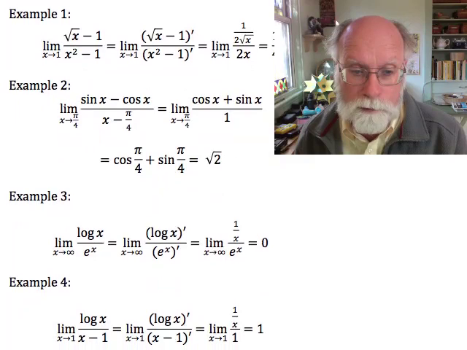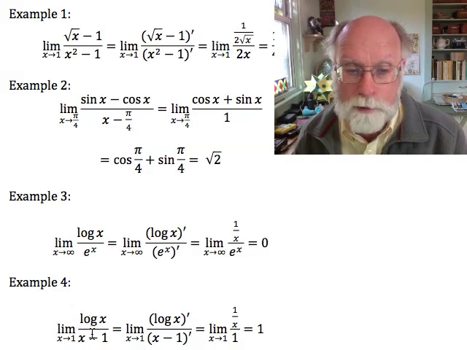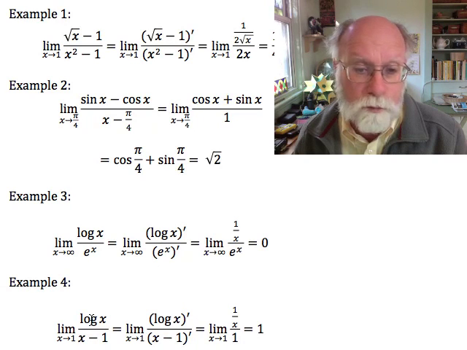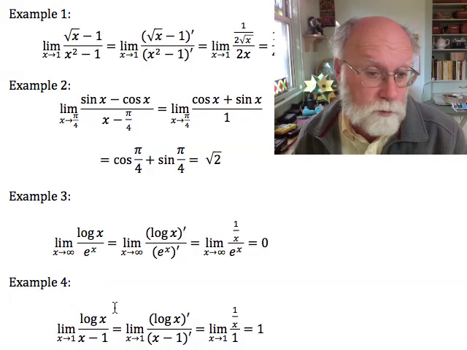And the fourth example, we're letting x go to 1, log x over x minus 1. Log x goes to 0 as x goes to 1, because the log of 1 is 0, and x minus 1 goes to 0. So that is 0 over 0.